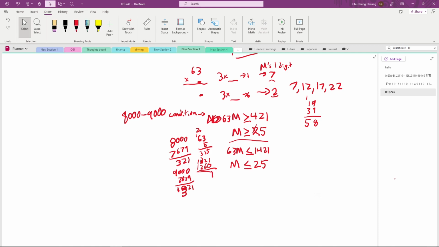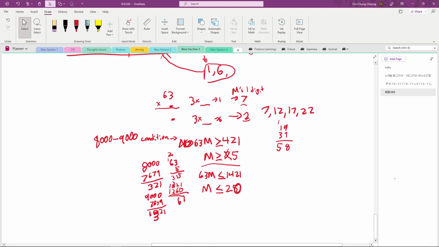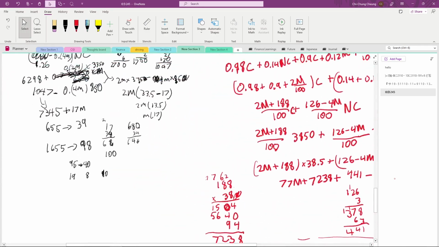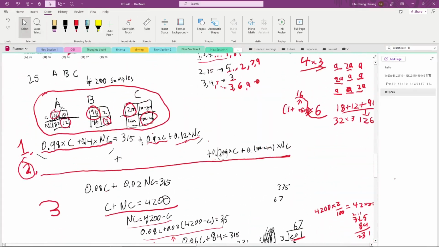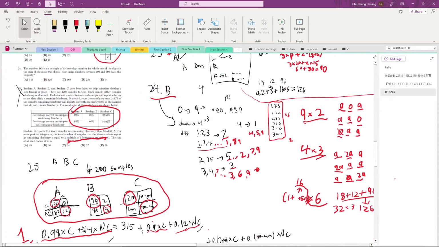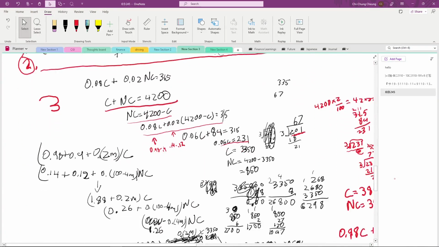1, 1, 6. Yeah, so it's only 20, which means it's 58 minus 20, or 38. Nope, not that either.